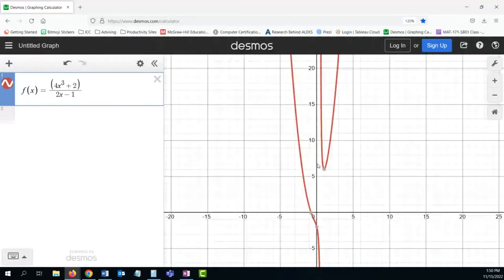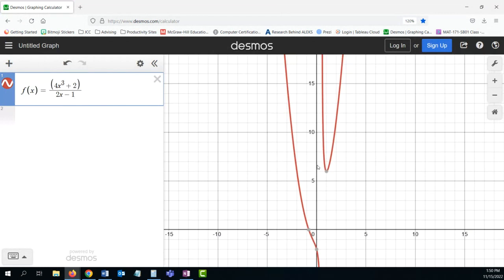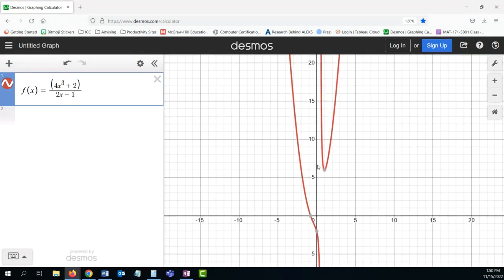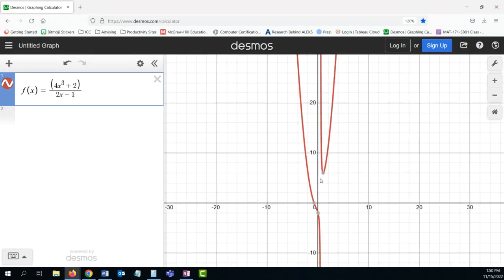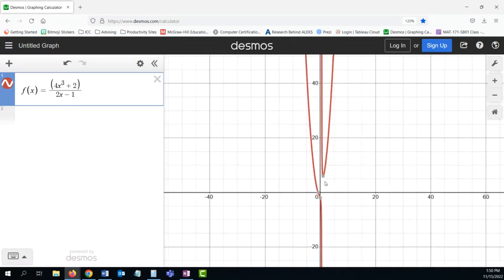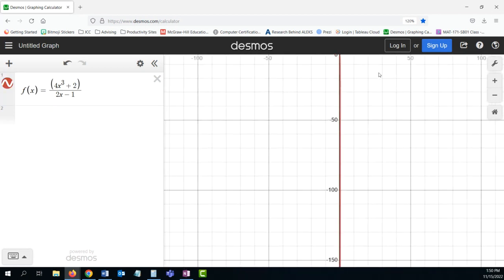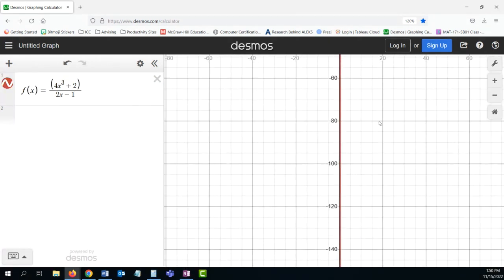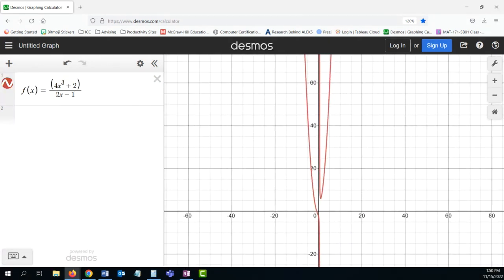Okay. How weird does that look? That looks really weird, doesn't it? But what's it doing? The function is chasing a parabola, because when you do this long division out, you're going to end up with a parabola, and you're going to see as x goes to negative infinity, it's chasing this side.